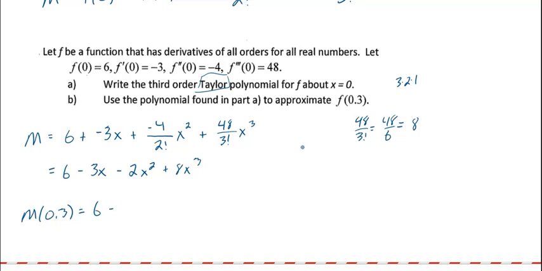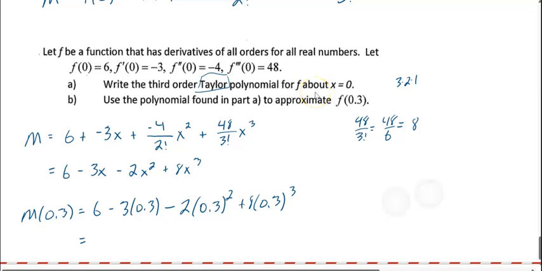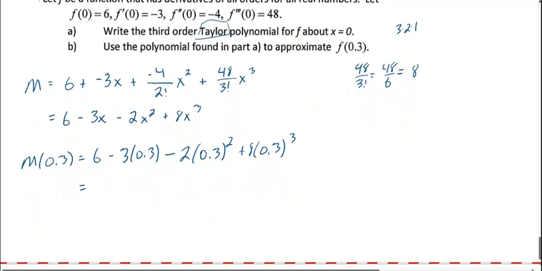I'm going to get 6 minus 3 times 0.3 minus, keep making that mistake, minus 2 times 0.3 squared plus 8 times 0.3 cubed. Hopefully I have a calculator to do this, because if I type this all in, I wind up getting 5.136 if I go accurate to 3 decimals. And that's it.